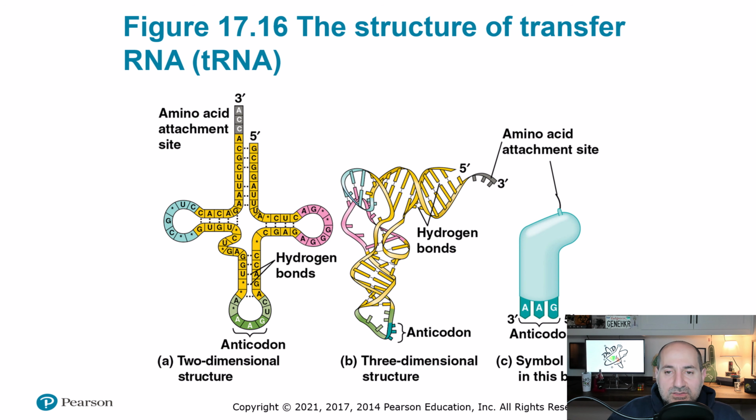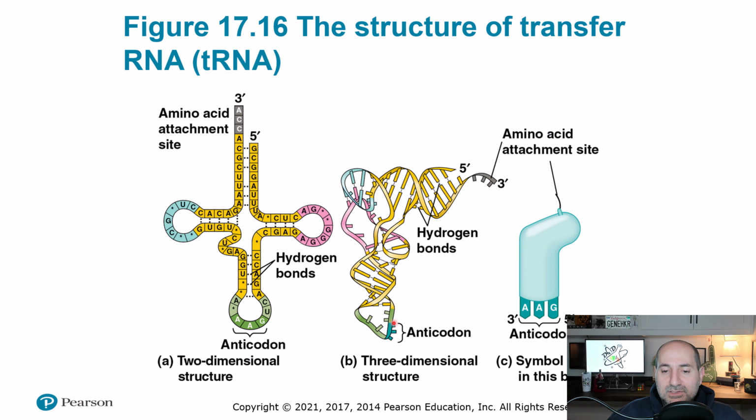So next, let's talk about why it's a printer cartridge, okay? There are two important parts to this printer cartridge. There's this end down here. There are 3 nucleotides on this tRNA that are so important because these 3 nucleotides interact with the mRNA.